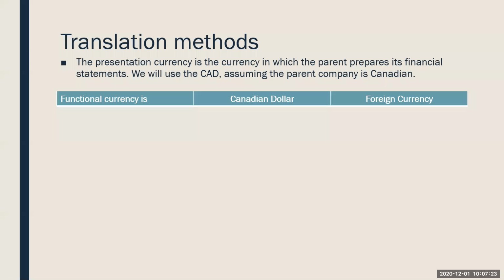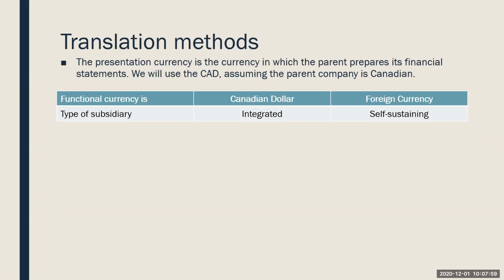And that determination is made by looking at the primary factors, the additional factors, and the secondary factors. So having determined whether the functional currency is the Canadian dollar or the foreign currency, then we would conclude that the subsidiary is either integrated with the Canadian parent, and hence the Canadian dollar is the functional currency, or it is self-sustaining, autonomous, and hence the foreign currency should be seen as the functional currency.